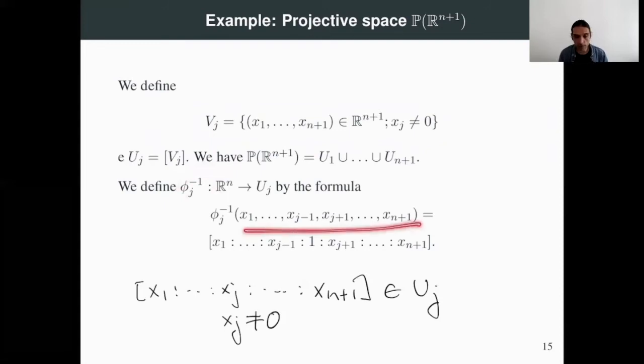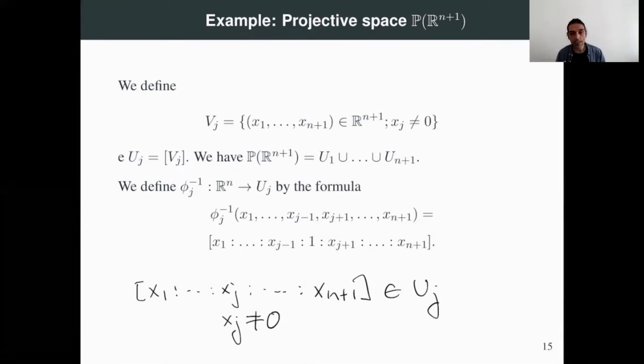We consider an element of R to the power n. There are n plus 1 coordinates, but you have to see that we remove the one that has index j. So we have really n coordinates. This is a way in which writing this expression is simple.